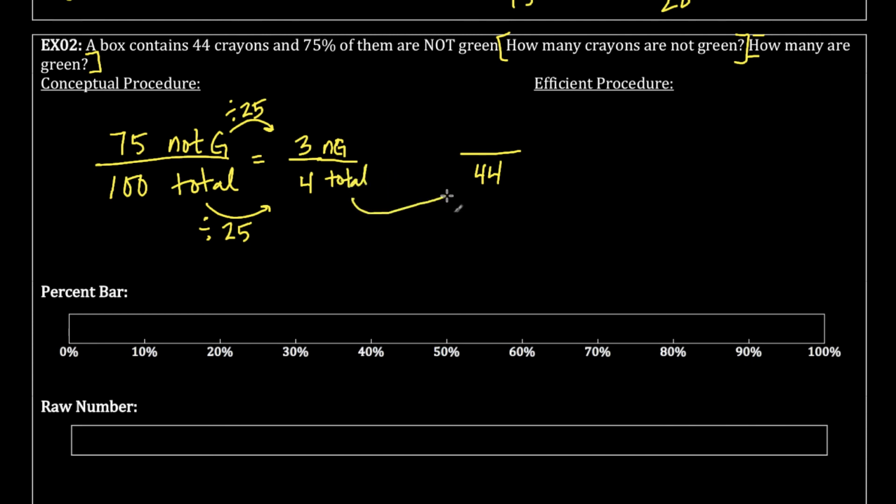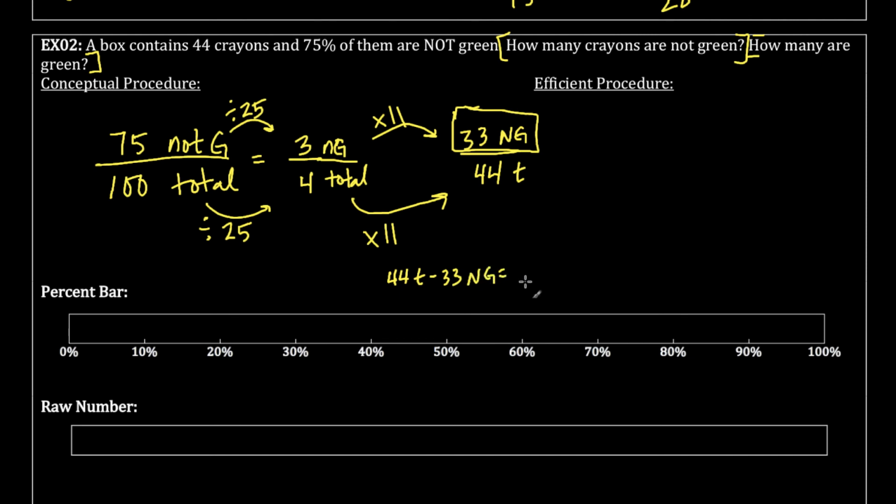But we only did this to get to 44. So times 11, times 11. So 33 would be not green if there were 44 total. There were 44 total, and we take away the 33 that were not green, then we get 11 that were green.